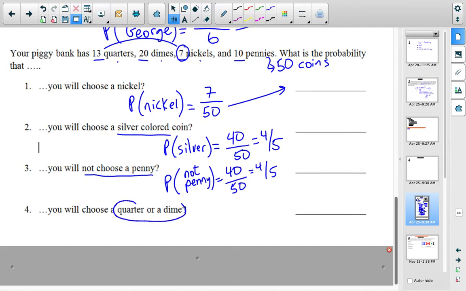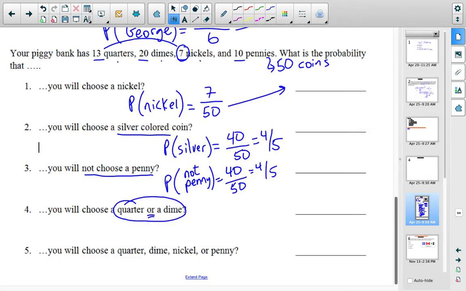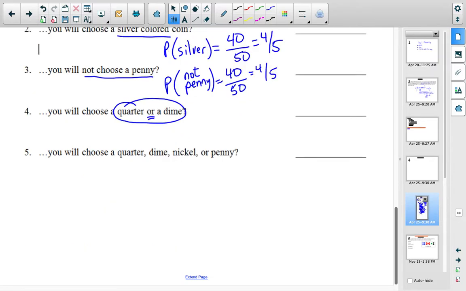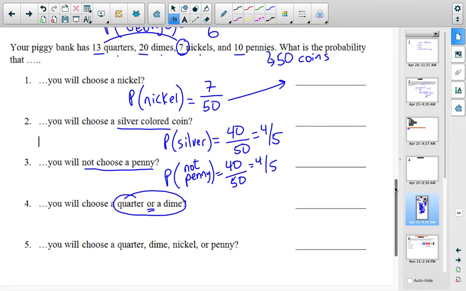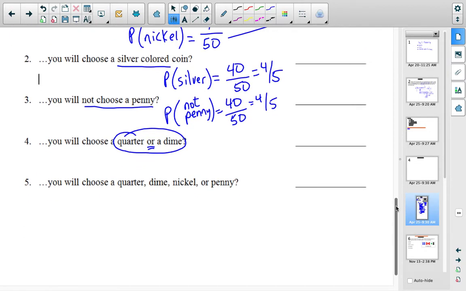Now this is a different one. Or kind of means I win two ways. I like to tell students or means more. There's more ways to win. So I'm just going to raise this a little bit. How many quarters are there? There were 13 quarters. We got 13 of those and 20 of those.